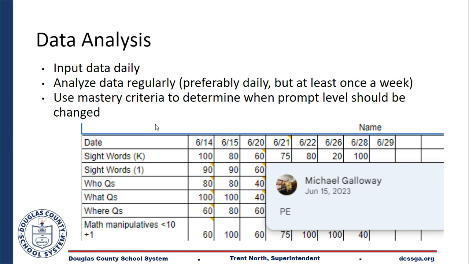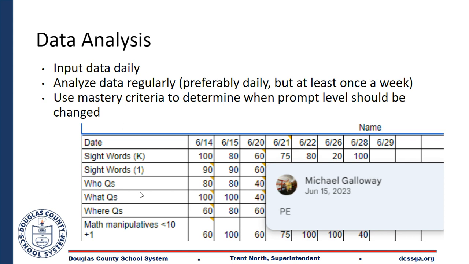What I usually do is either 80% in 3 out of 4 days or 3 out of 5 days, depending on the student. I will decrease the prompt level, or if they're at below 50% for 3 out of 4 days or 3 out of 5 days, then I will increase the prompt level.